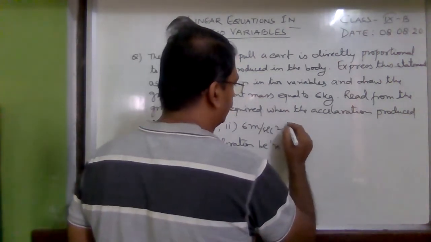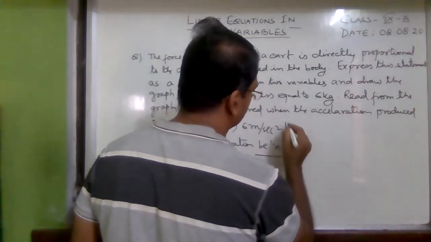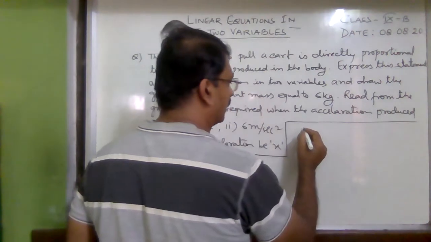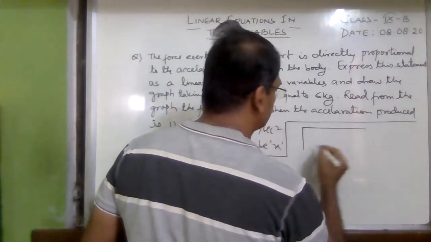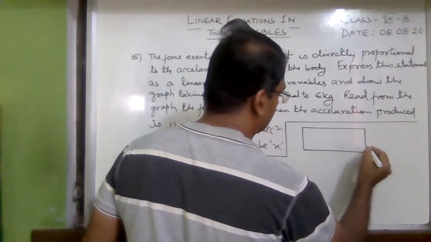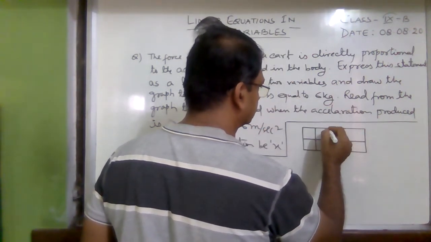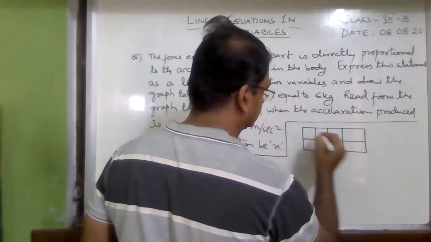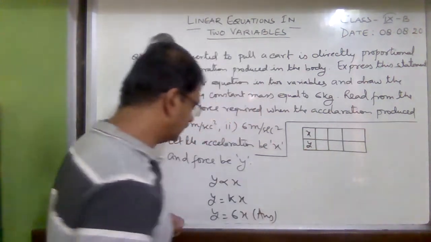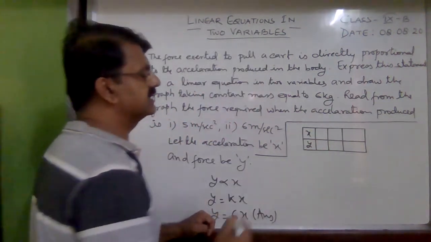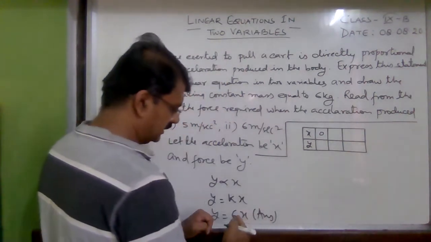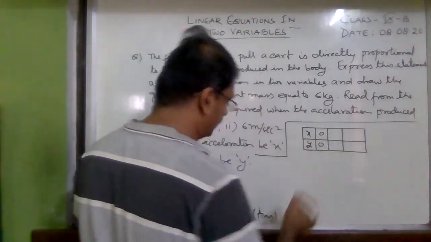I told you whenever you have to draw the graph, first you make a table like this. When x is 0, 6 into 0 is 0, so y is also 0.